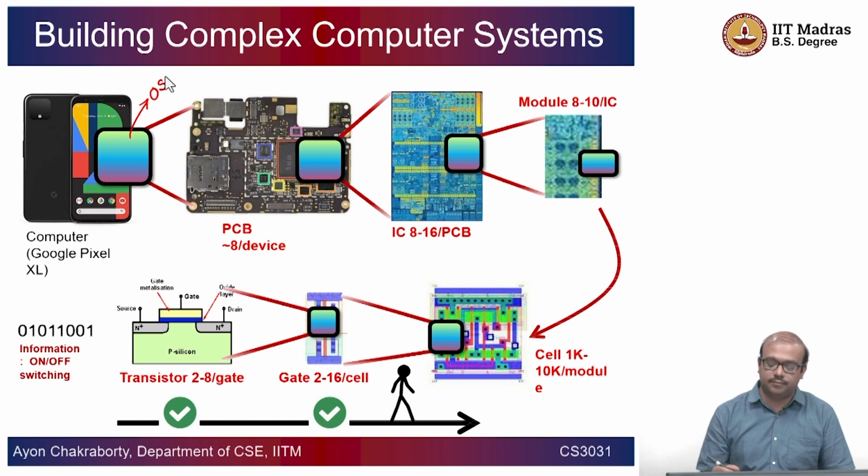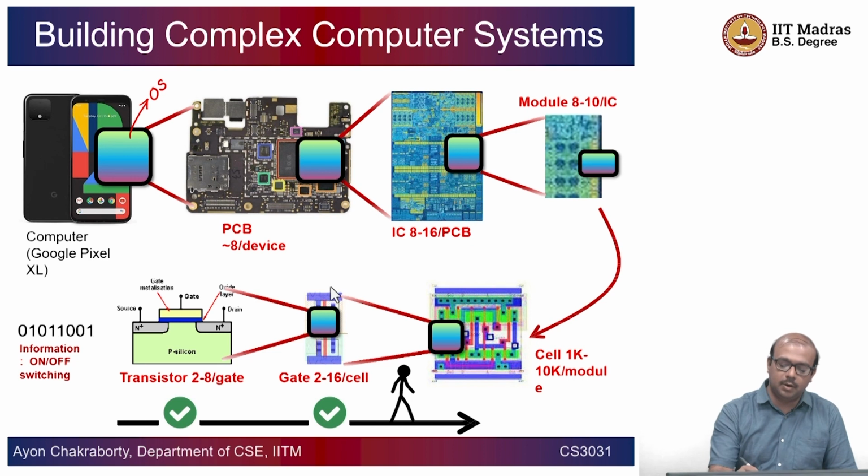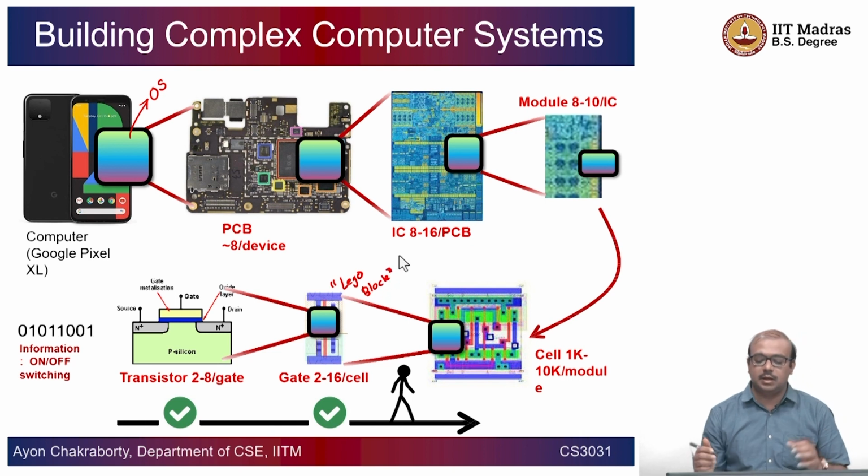So if you think of the cell, for example, as a building block, this is a simpler, low-level component, your Lego block, which is going to be integrated. Many such Lego blocks are going to be integrated in some ways in order to create circuits or modules that have much richer functionality, right?